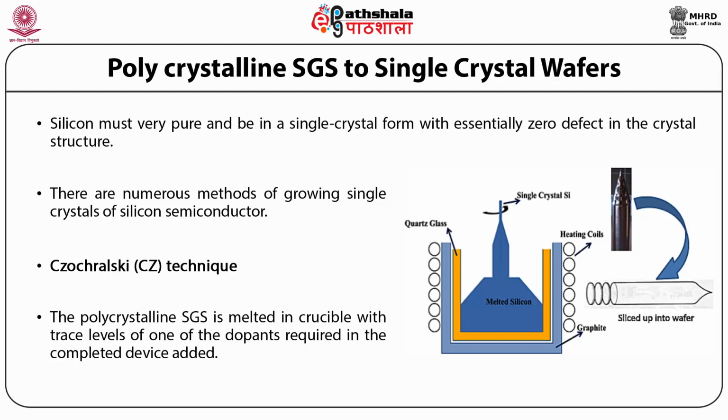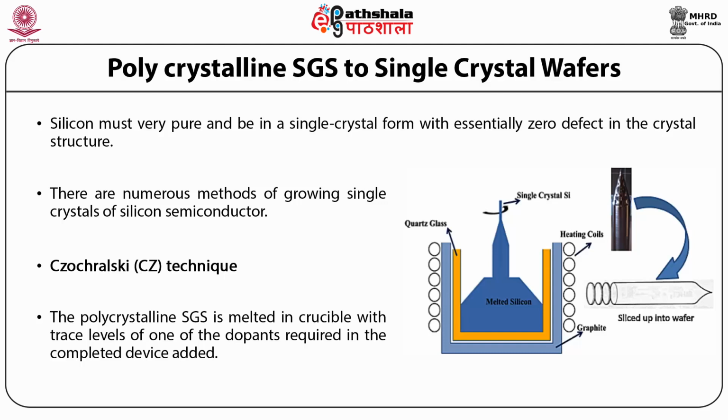First, let us discuss the Czochralski process. This process is one of the most advanced used methods for growing silicon single crystal, and it has been shown in the figure.